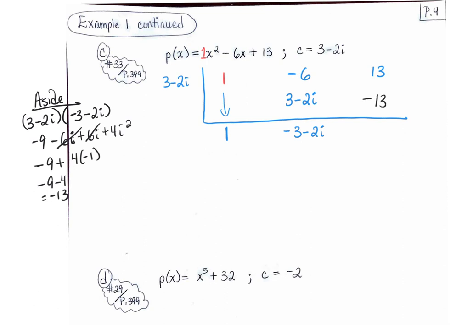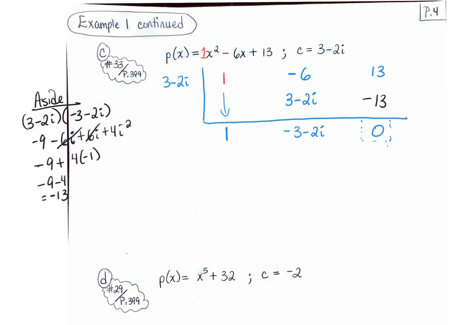So when you multiply -3 minus 2i times 3 minus 2i, that gives us a -13 here. We add 13 minus 13, that gives us 0. This is our remainder. So then the question is, is 3 minus 2i a 0? Well, our remainder is 0, which means the answer to that question is yes.